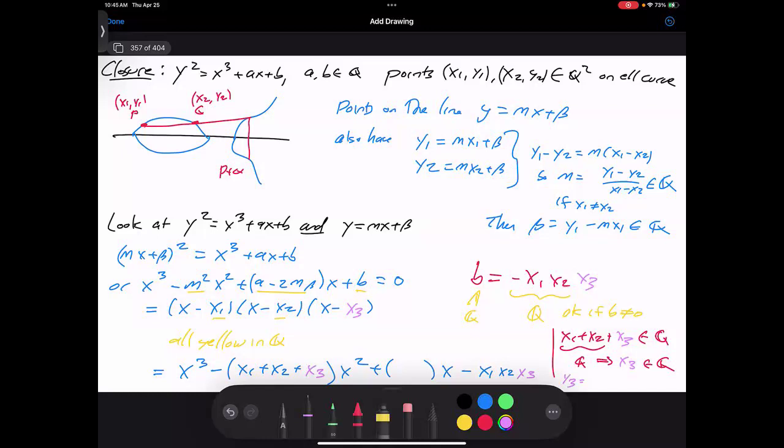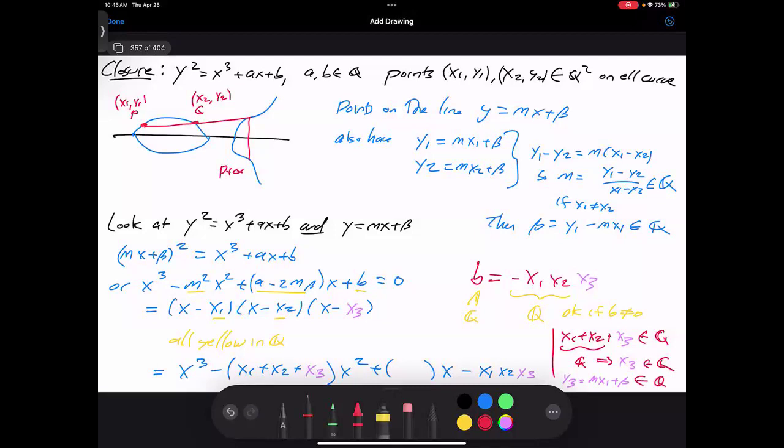So we're looking for the intersection of the elliptic curve with a line, and then y3 is going to be the negative of this, right? So what would be the y3 coordinate for the intersection? It's going to just be mx3 plus beta, which we now know is rational.